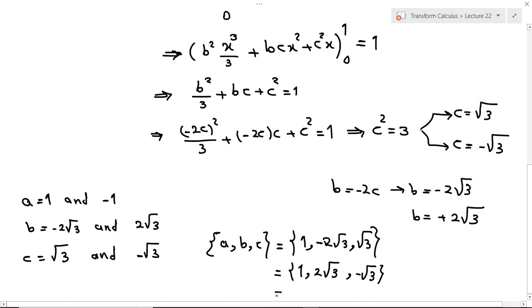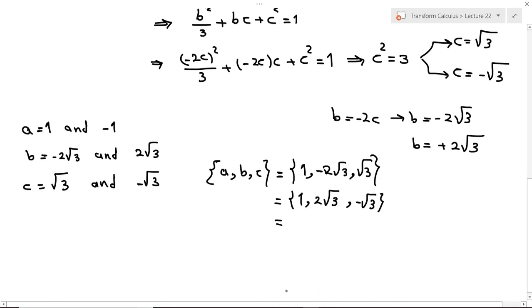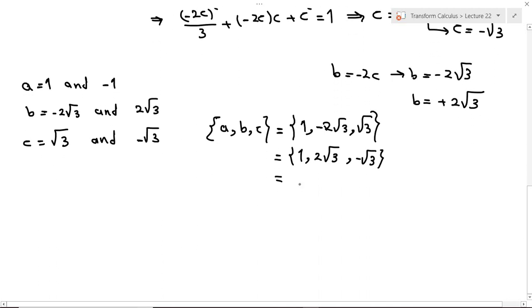The third one, a can be equal to minus 1, b can be equal to minus 2 root 3, and c equal to root 3. And the fourth one, a can be minus 1, b can be equal to 2 root 3, and c minus root 3.